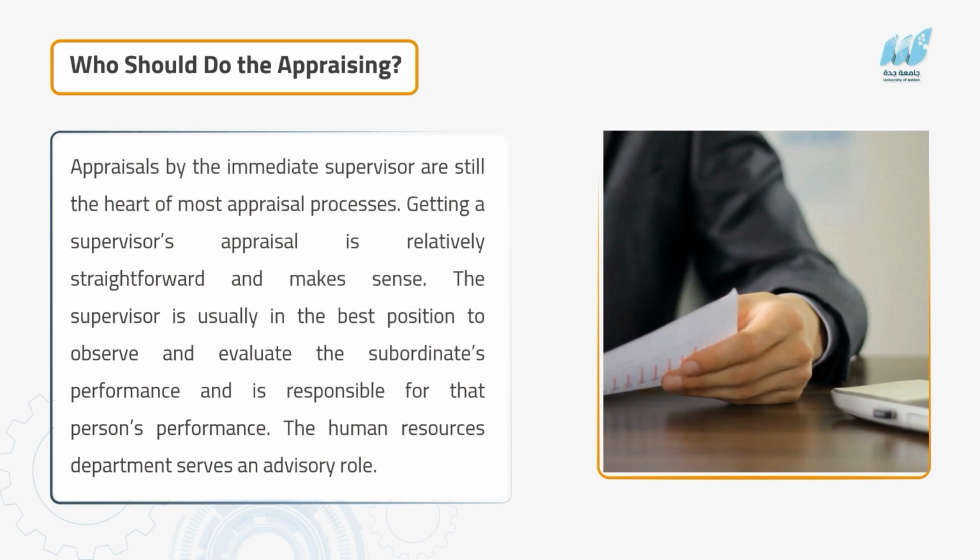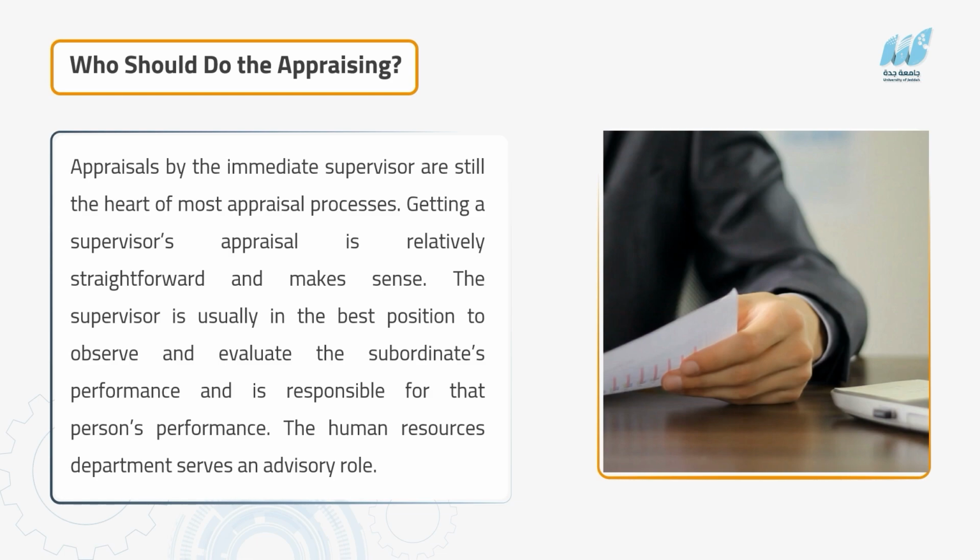Appraisals by the immediate supervisor are still the heart of most appraisal processes. Getting a supervisor's appraisal is relatively straightforward and makes sense. The supervisor is usually in the best position to observe and evaluate the subordinate's performance and is responsible for that person's performance.